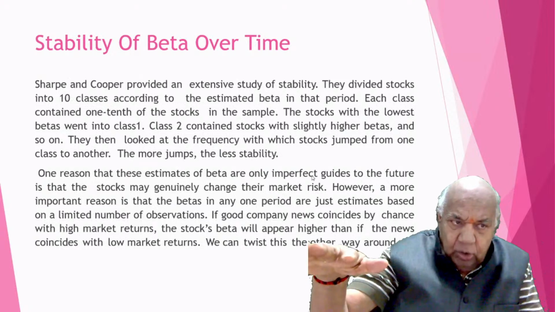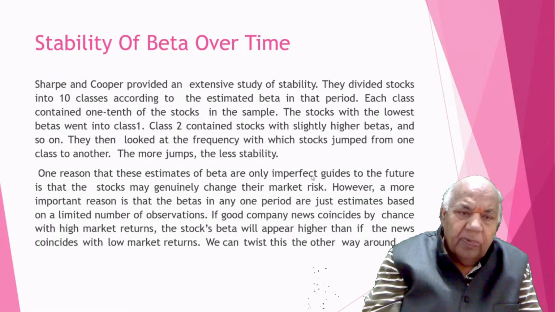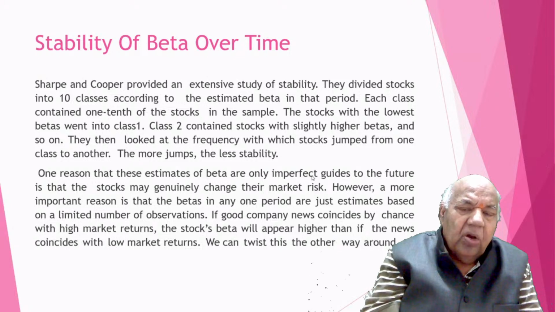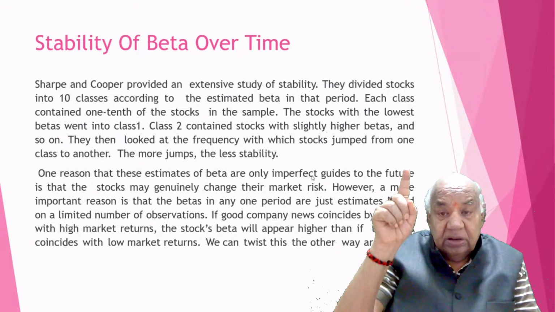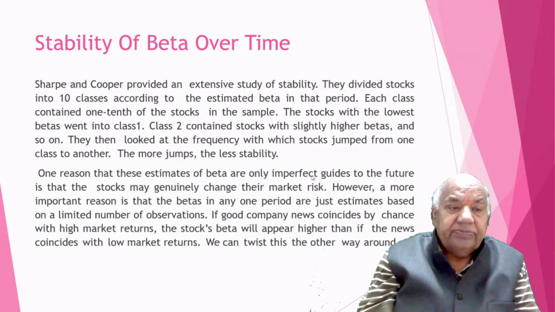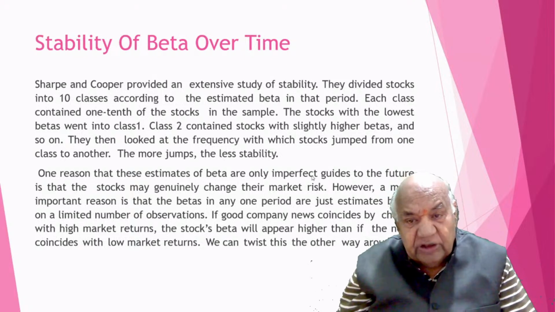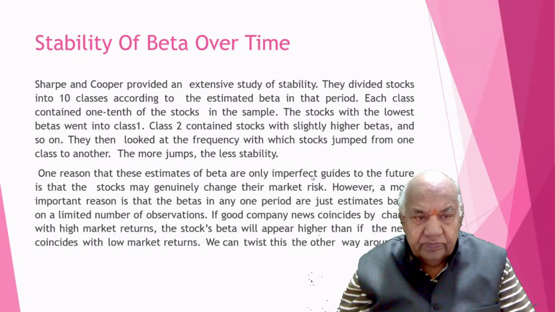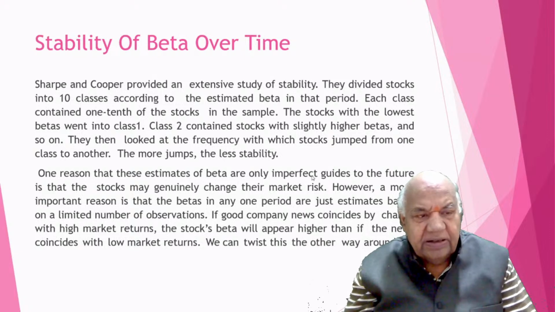The stocks with the lowest betas went into class 1. Class 2 contained stocks with slightly higher betas, and so on, and class 10 contained stocks with the highest betas. They then looked at the frequency with which stocks jumped from one class to another. The more jumps, the less stability.